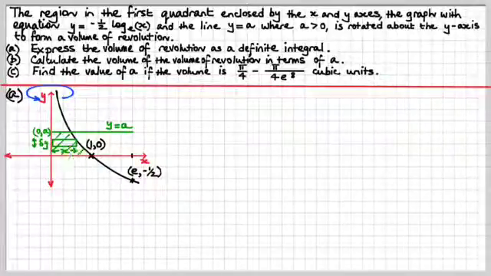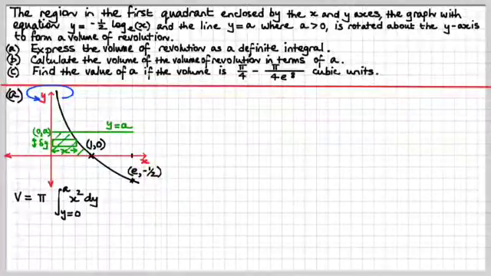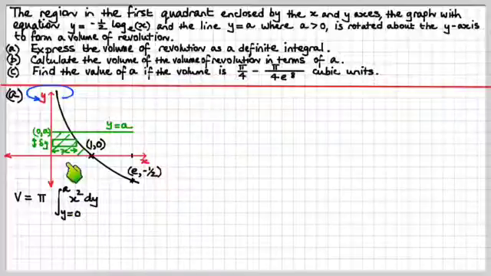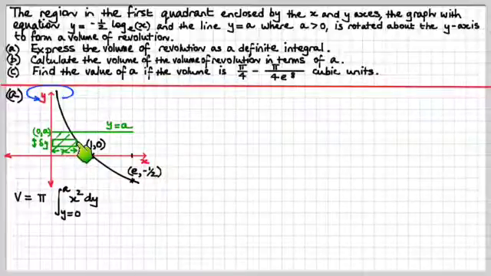So V is pi times, please don't forget the pi, x squared, because the radius of the circle we make is x, multiplied by delta y to make a little disc shape. So it's pi x squared dy from y is 0 to y is a.